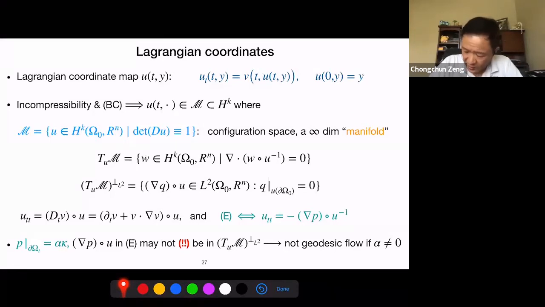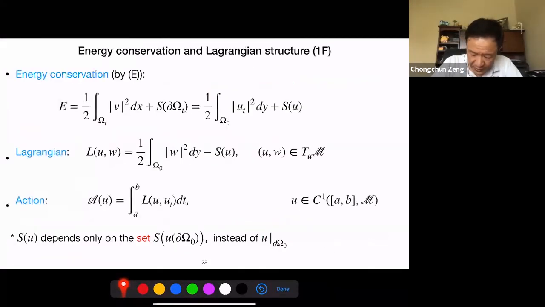So again, let's look at the energy conservation. Multiply the Euler equation by the velocity and integrate. You see there is a conservation law. The conserved quantity is the kinetic energy, that's velocity squared, integrated, and there is a potential energy that is the surface area of the free boundary.